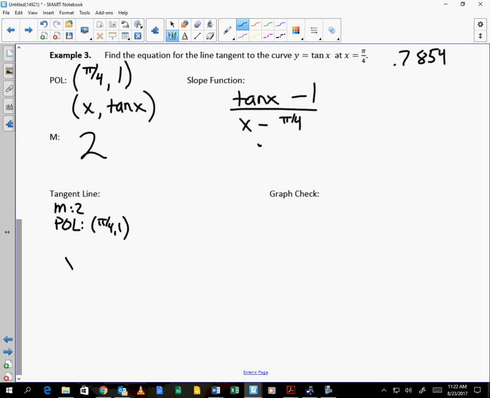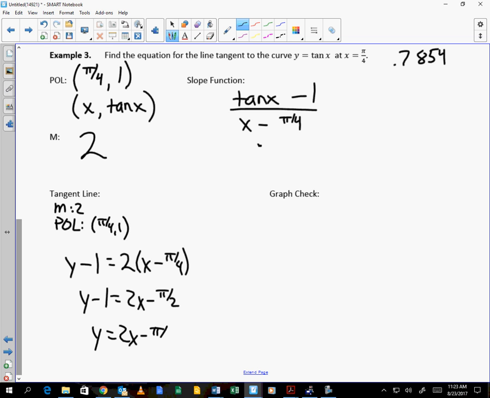So therefore, we have y minus what? 1 is equal to m times x minus pi over 4. So y minus 1 is 2x minus pi over 2, and I'll add the 1. Y is 2x minus pi over 2 plus 1.